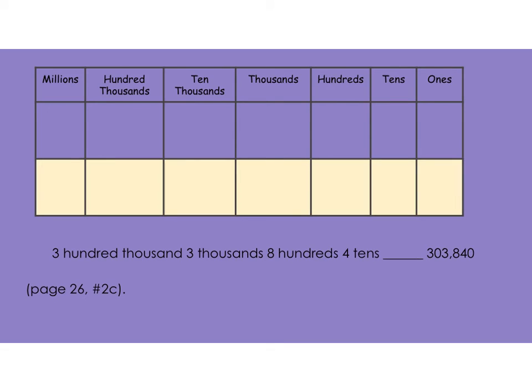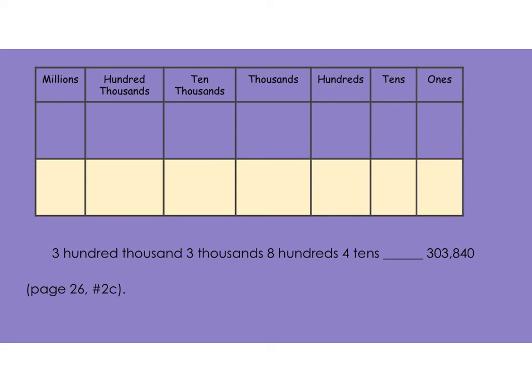Okay, let's try another one. You will find this one on your homework pages tonight, page 26, number 2C. So this way it will help you. Okay, we're looking at the first form. We have 300,000, 3,000s, 800s, 4 tens. This would be called, that's right, the unit form.